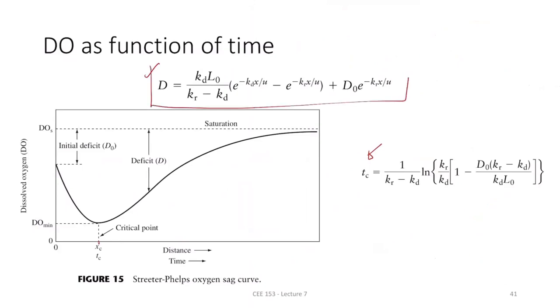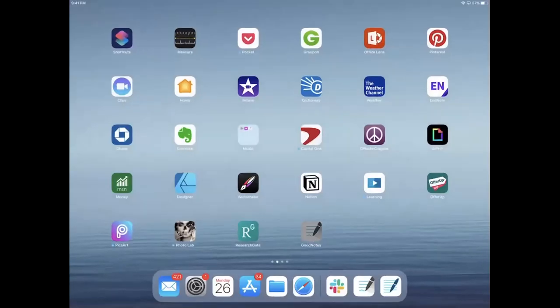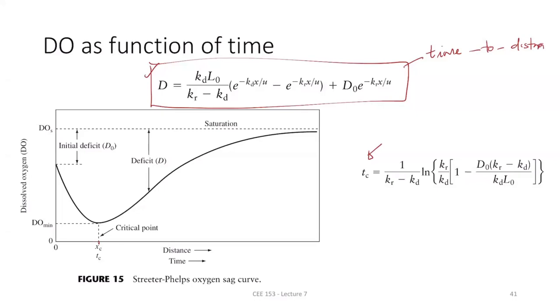This is basically transforming the equation from a time scale to a distance scale. All you have to do is substitute t equal to x by u, where x is the distance variable. Now it allows you to calculate the deficit at different locations.